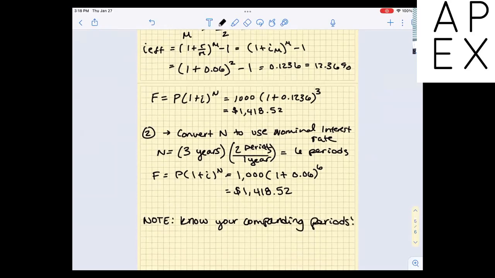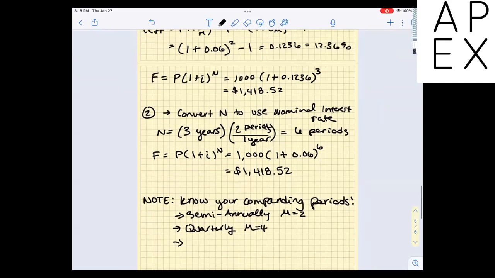All right, so we already went over semi-annually, which means m equals 2. Okay, and then what if someone said it compounds quarterly? 4. What if it compounds monthly? 12.